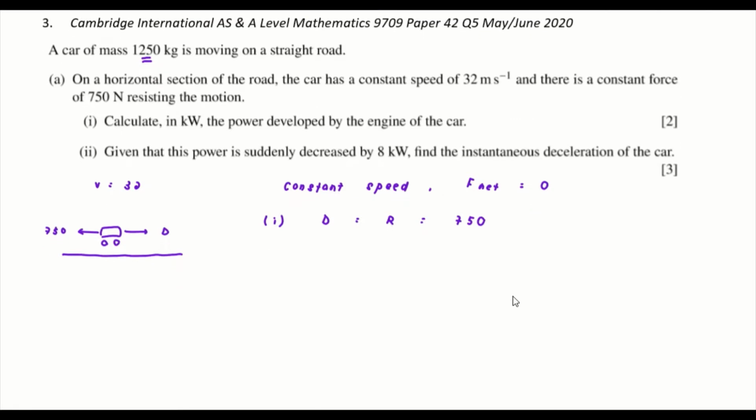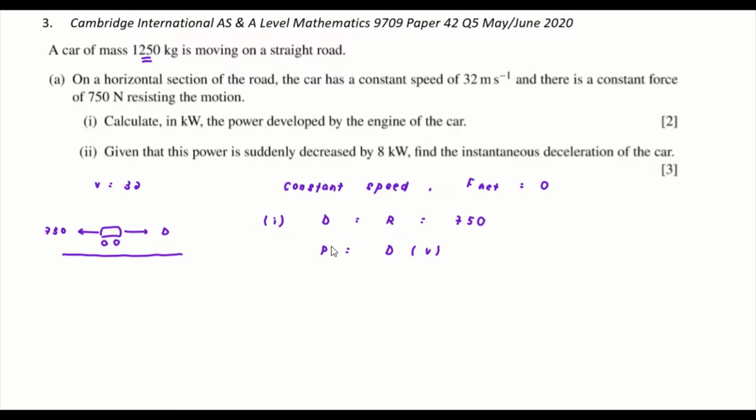Okay, so after we get the driving force, everything becomes easier because it's just a 2 marks question. So power is equal to D multiplied by the velocity. Again, I want to emphasize why can we use the v here? Because this question didn't want us to find the power at an instant, but this car is having a constant speed. So that's why the power will be constant as well.